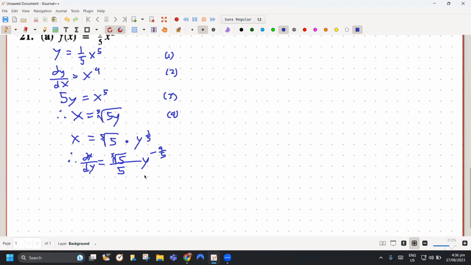Okay, so from there, what is 1 over dx dy? Kaya pwedeng lagyan mo ng equation numbers 4, 5, and 6.